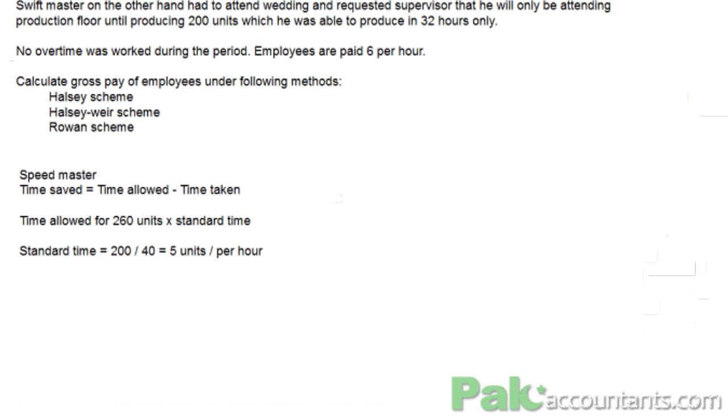If we are producing 5 units each hour, then how many hours will 260 units take? It will be 52 hours.